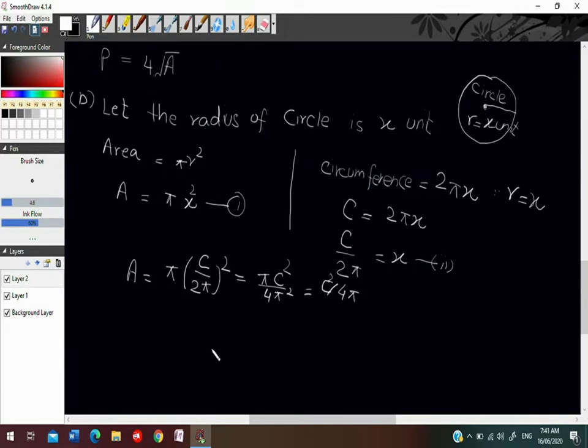So A becomes equals to C square divided by 4 pi. And this equation represents the area A of a circle as a function of its circumference C.